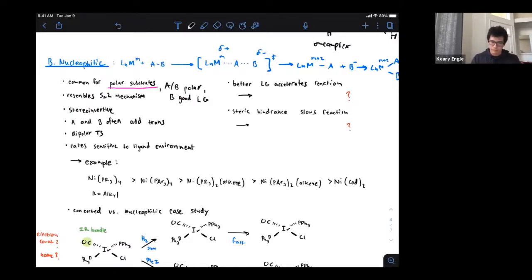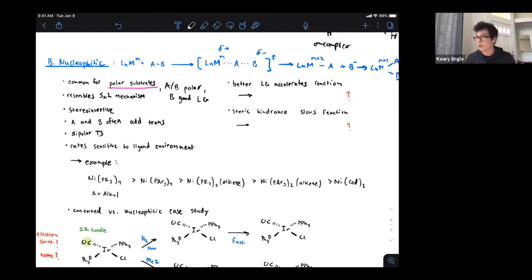So the rates of a nucleophilic pathway are sensitive to the ligand environment around the metal in predictable ways, and the general trend here is that more electron donating, more sigma donating ligands will lead to faster oxidative addition, all other things held equal.